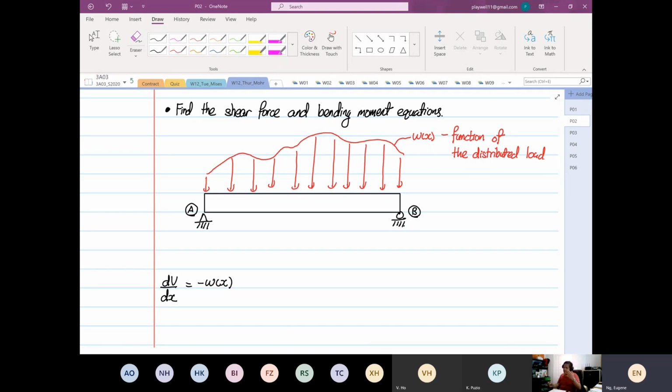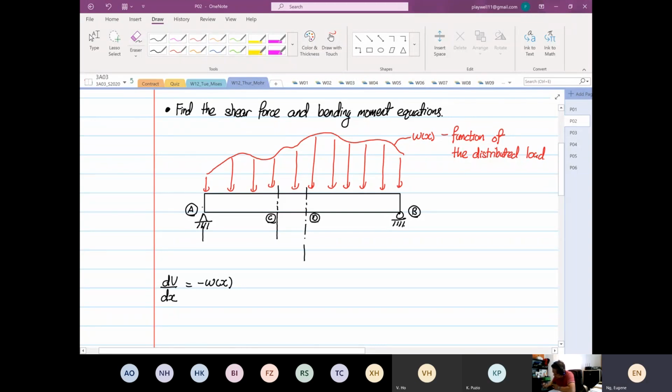So this is neither an evenly distributed load nor a gradient distributed load. From here, we want to find the shear force and bending moment equation for 2 points. This is my point C over here. Next one over here, this is my point D.